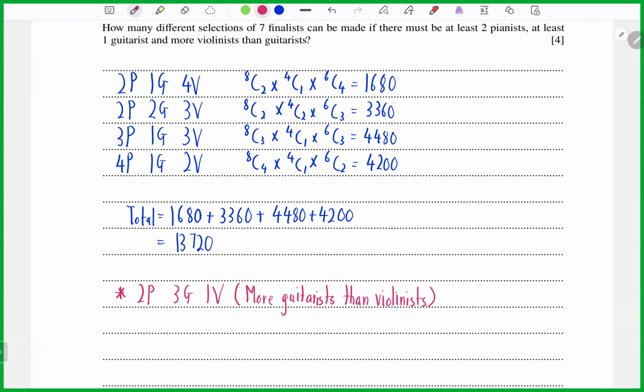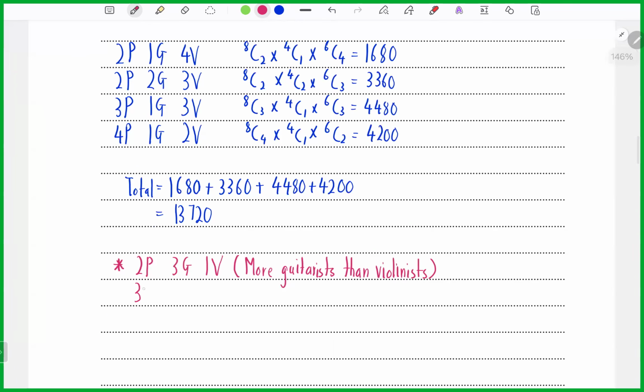And then I will try to see 3P, 2G 2V cannot be used.